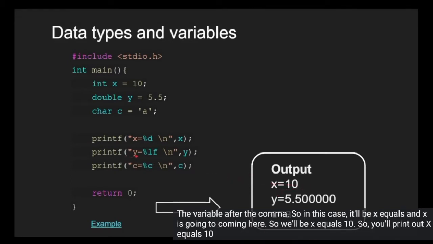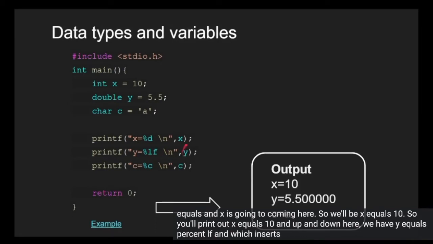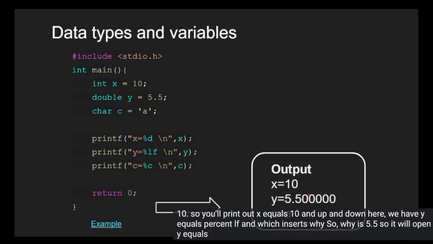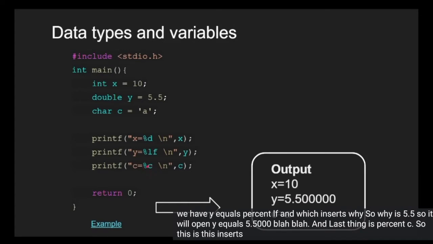Down here we have y equals %lf, which inserts y. So y is 5.5, so it will output y equals 5.5000 and so on. And the last thing is %c, which inserts a character type of variable.